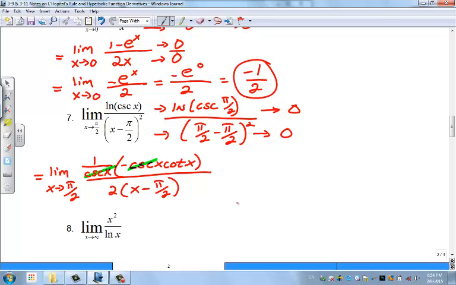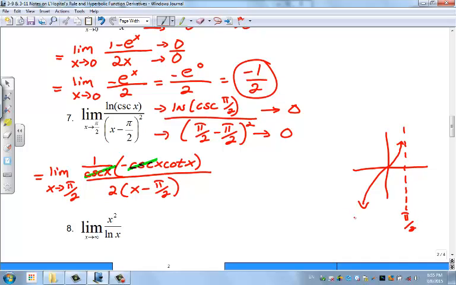So now what happens? Well, cotangent x. Cotangent is the reciprocal of the tangent function. So what is the tangent at pi over 2? If you recall, this is what your tangent function looks like. This is pi over 2.